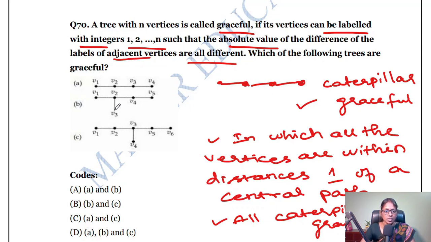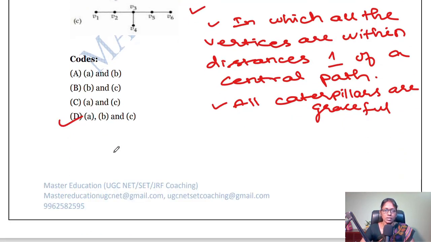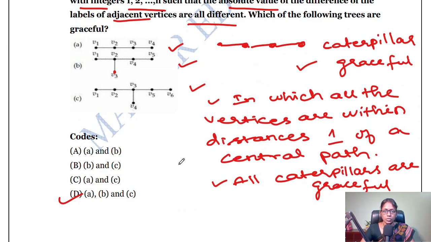So wherever you look, there will be a distance of 1 from a central path. So this tree is also a caterpillar, and this is also. So all these options are graceful. So options A, B and C will come under the graceful trees.